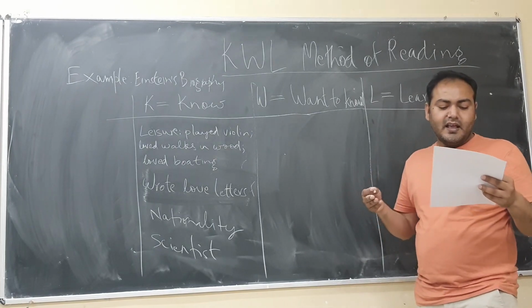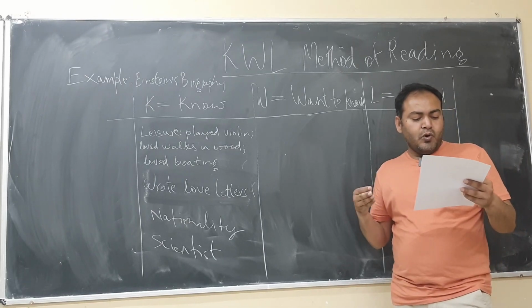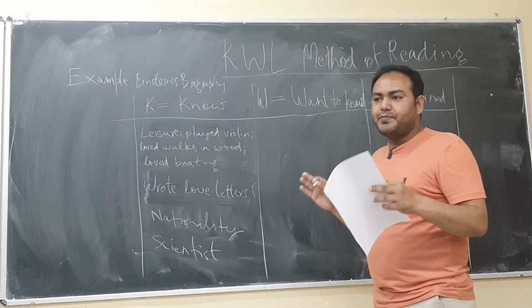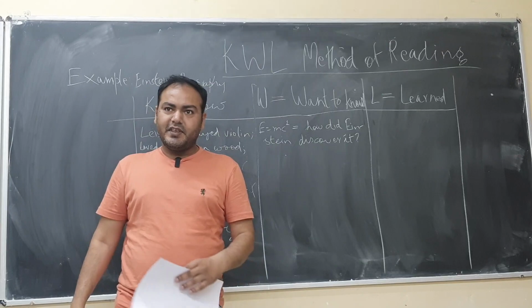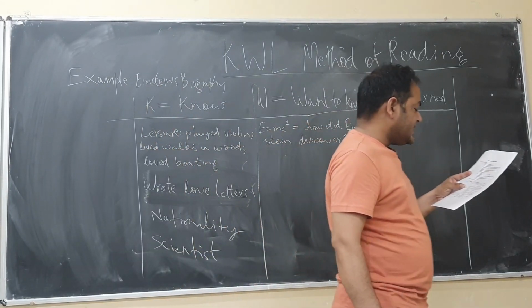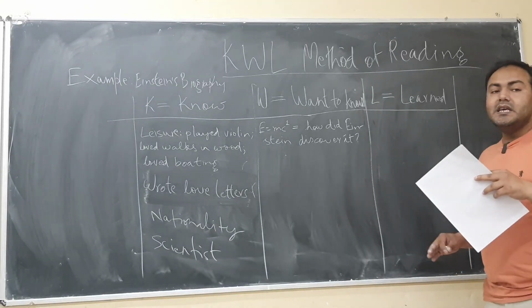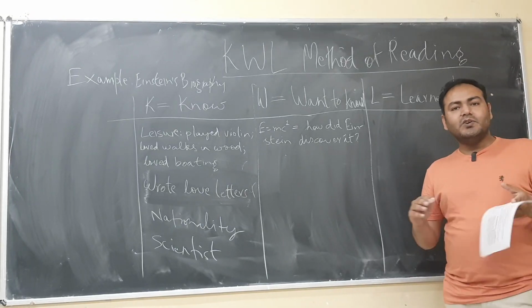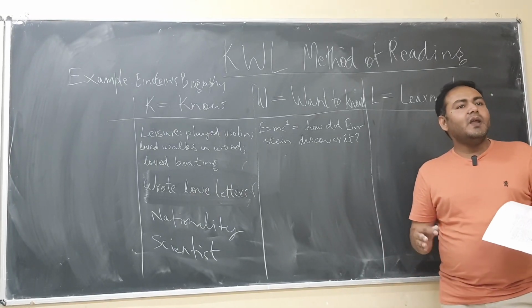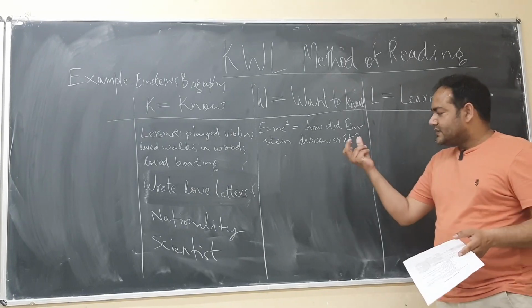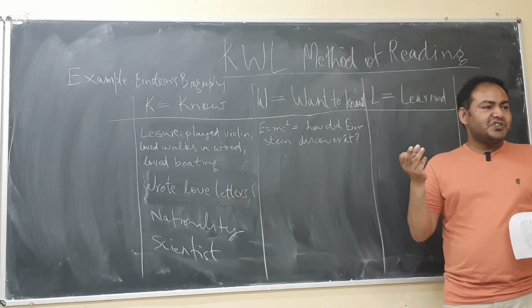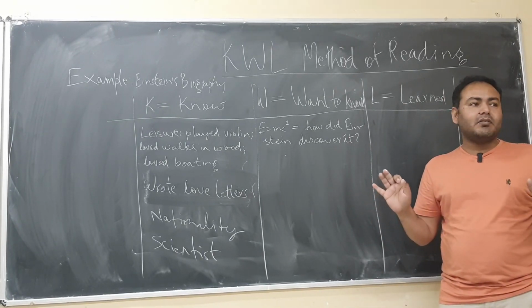So for instance, I would like to know about E equals mc square. I want to know about E equals mc square. That is, how did Einstein discover E equals mc square? What were those circumstances that he was able to create such a short equation which contains all the secrets of nature?